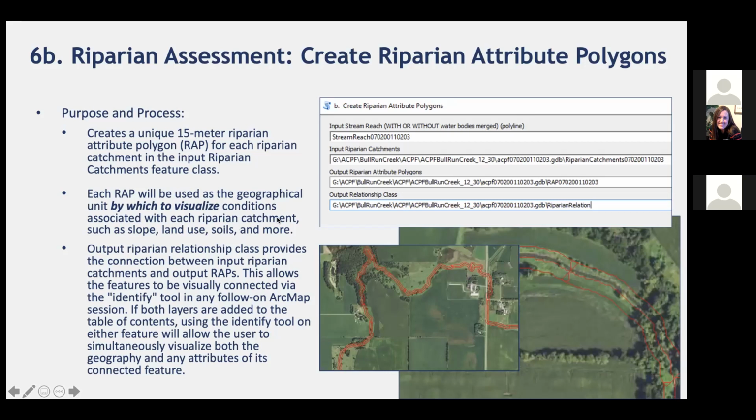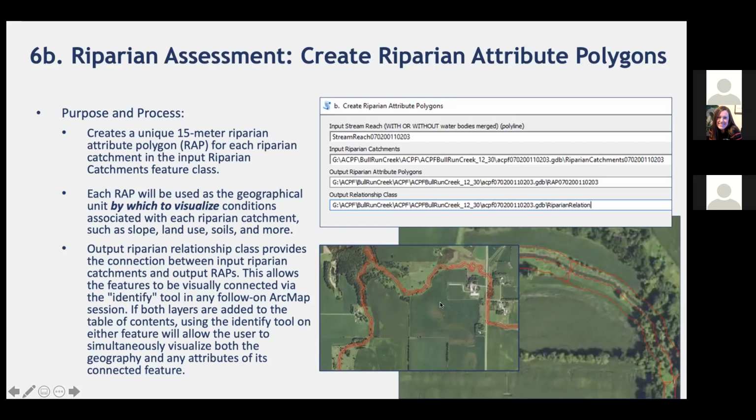So for example, characteristics like slope, land use, and soil. The output riparian relationship class allows users to connect riparian catchments and these polygons to be able to visualize those features. So visualizing slope, land use, and soils.